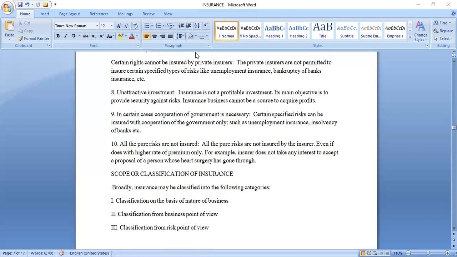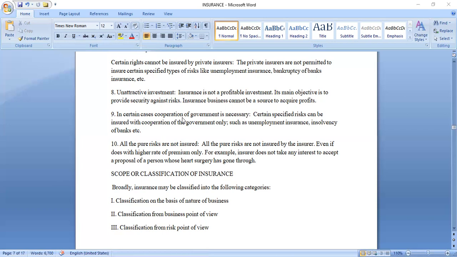Then with insurance, like we've already seen, for some types of risks, for example unemployment, taking unemployment insurance involves cooperation of the government. So it's not that all types of subject matter under insurance will be handled by these private insurance companies.